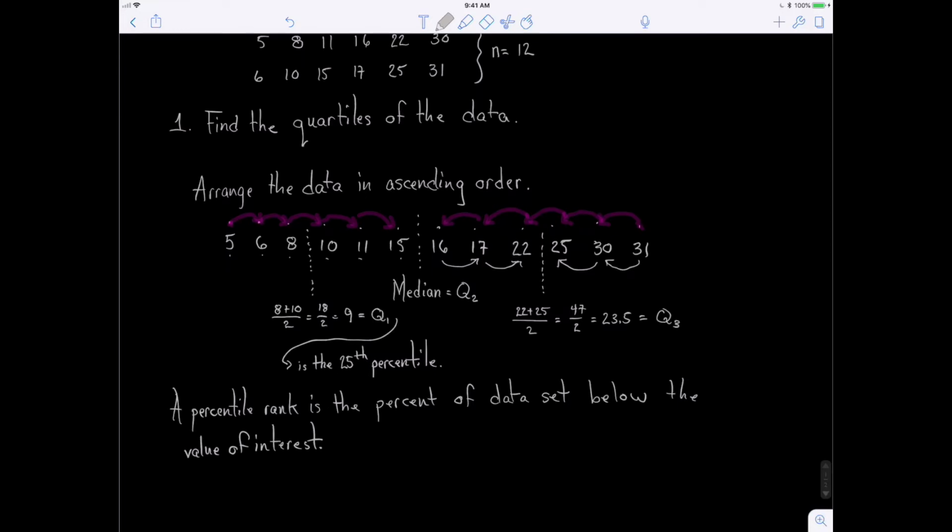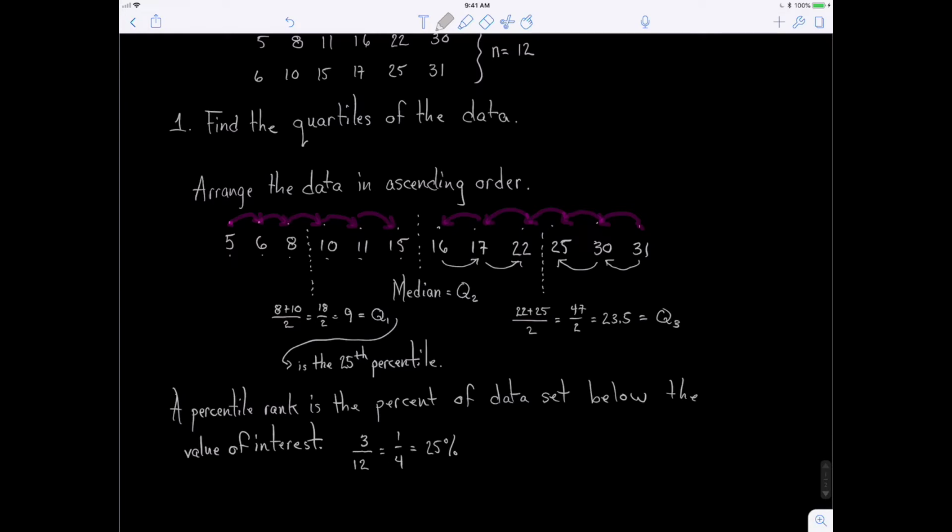Now, if you notice, we have 12 values, so there are 3 data values below Q1, and there are 12 values total. Well, that's just 1/4 of the data, which is 25%.